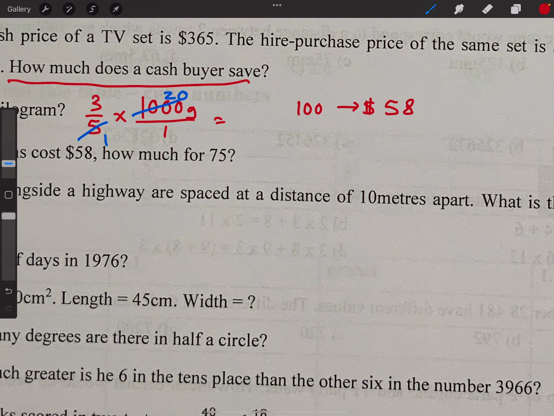Well, 75 is 3/4. But anyway, let's go to 25 first. So we divide this by 4, and divide this by 4, and we're going to get what?